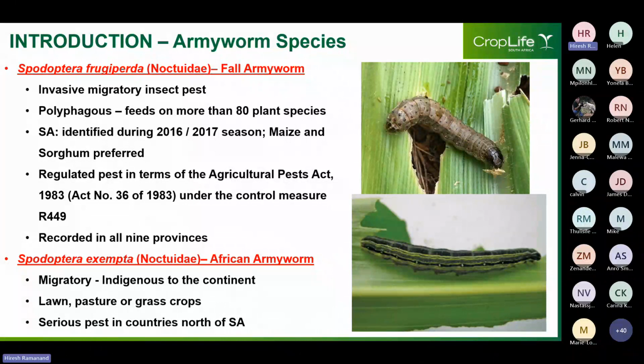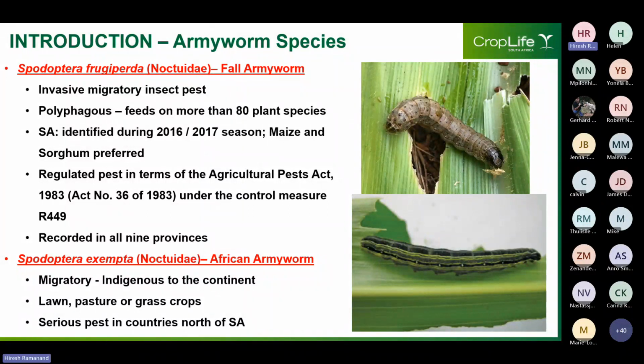It has a voracious appetite, reproduces and spreads quickly given optimal environmental conditions. In South Africa, this migratory pest invaded during the 2016-2017 maize production season and has shown clear preference for maize followed by sorghum crops. This pest has since been recorded in all 9 provinces of the country.